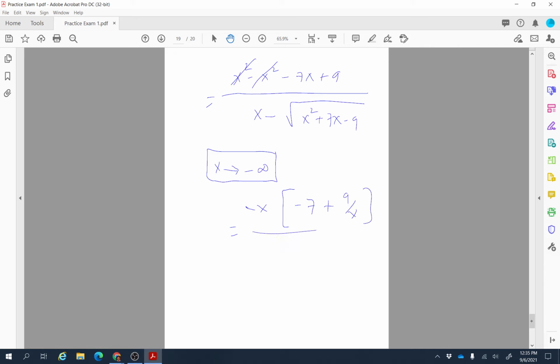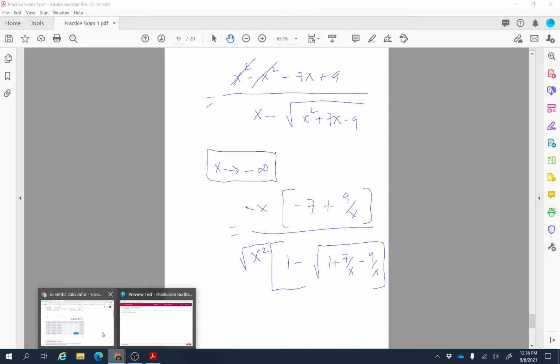On the bottom, I can do the same thing, x will give me 1 minus the square root of x squared, which is actually the square root of x squared, that will be 1 plus 7 over x minus 9 over x squared.